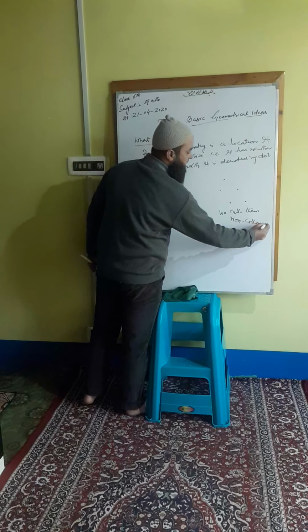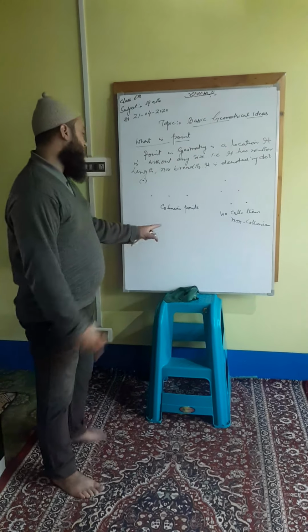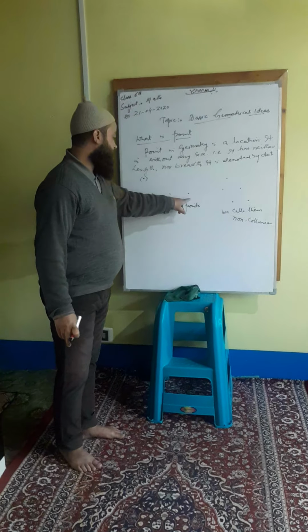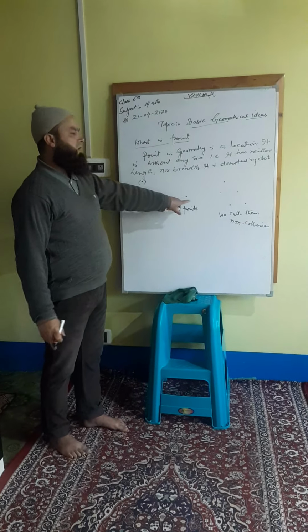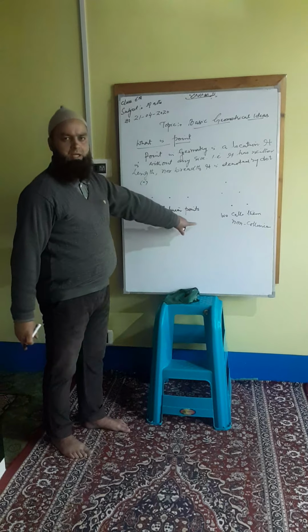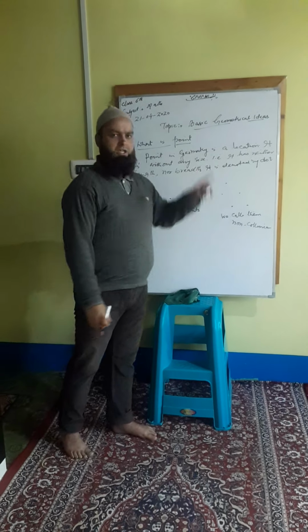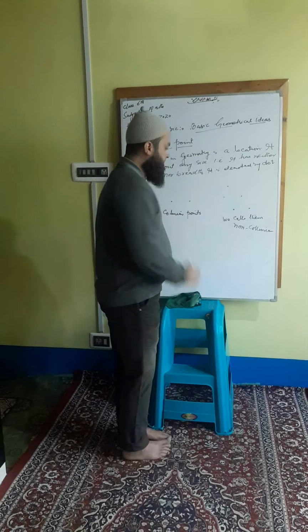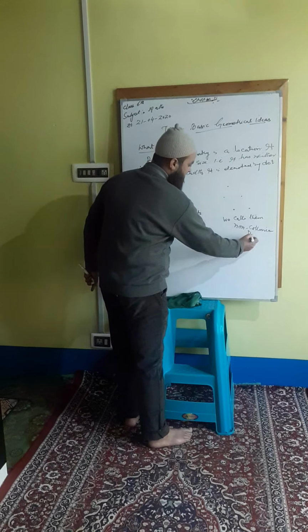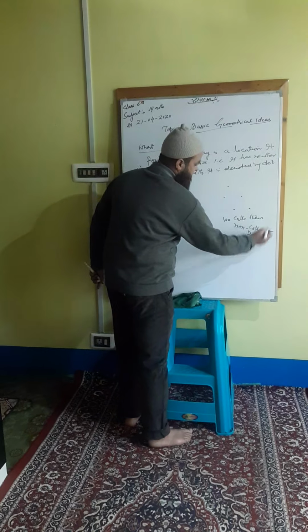That is, they are not in a straight line. Those points which are on a straight line are called collinear points, and those which are not are called non-collinear points.